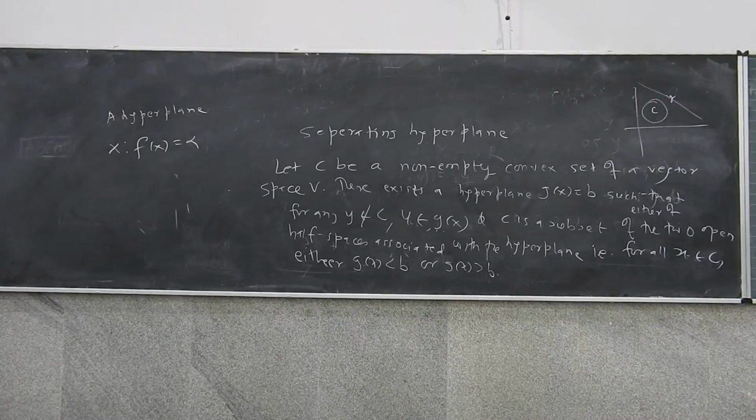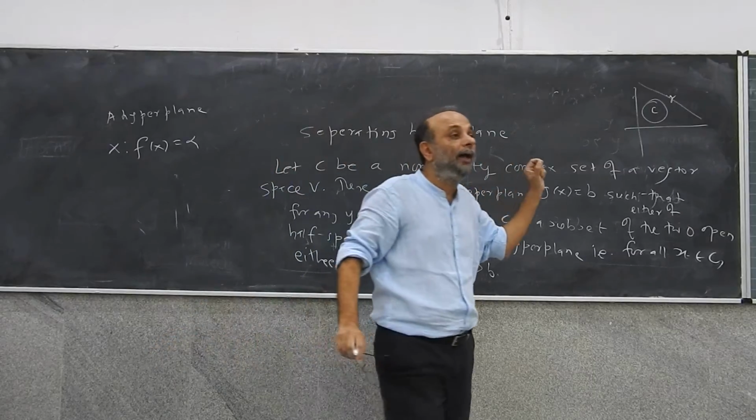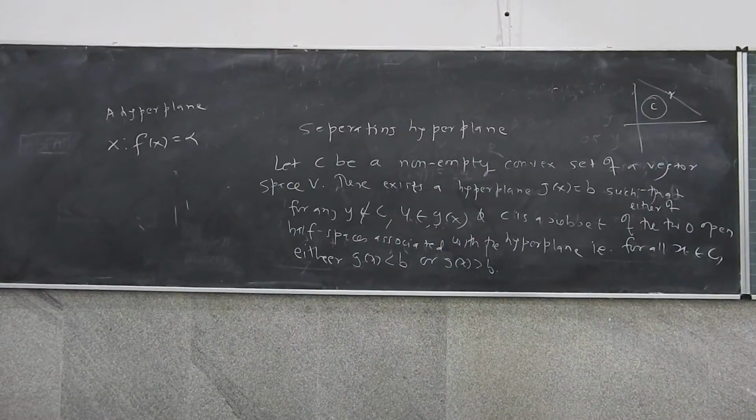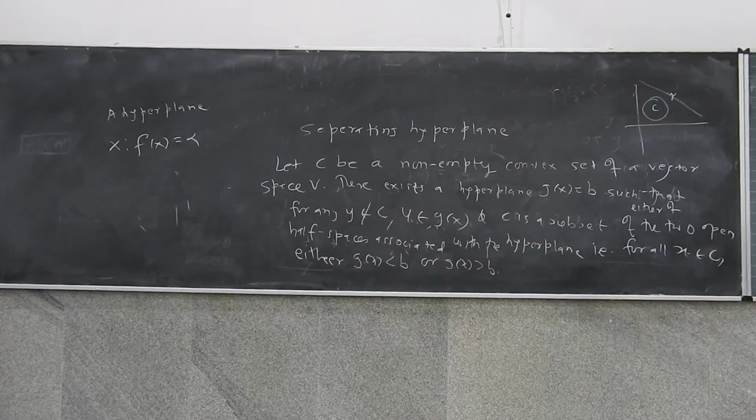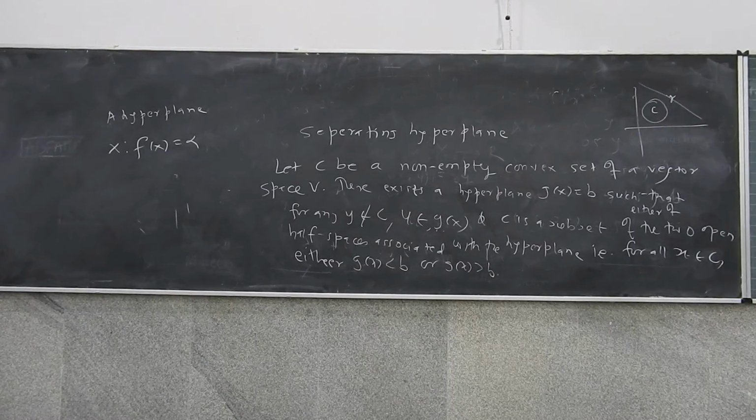Now why is this theorem beautiful? Because it says for any consumption bundle there exists an indifference curve passing through that consumption bundle. That's the first thing that it proves. So we know that indifference curves exist.